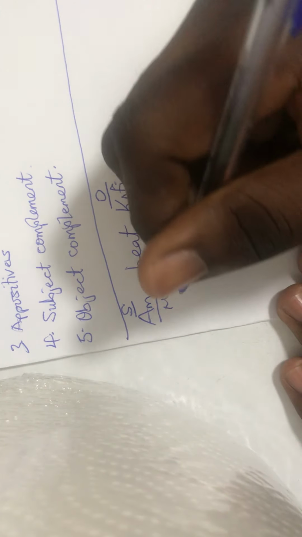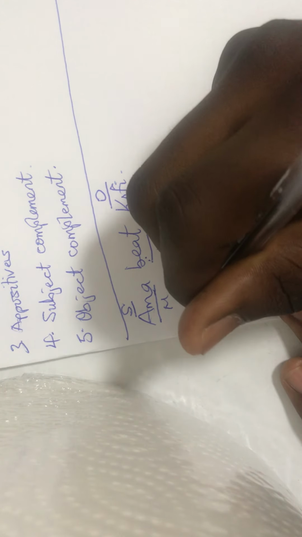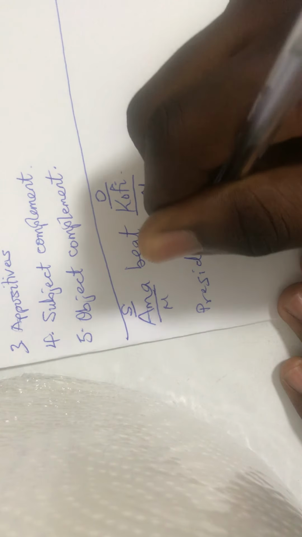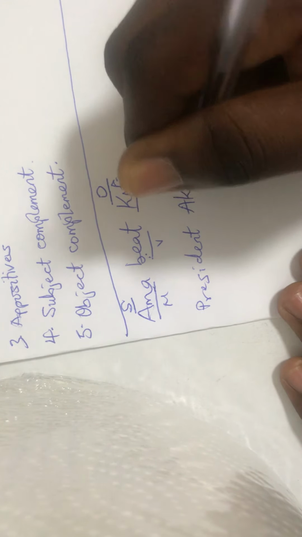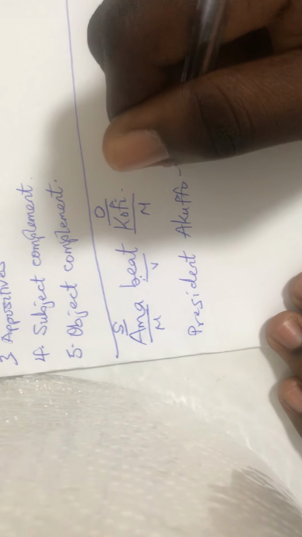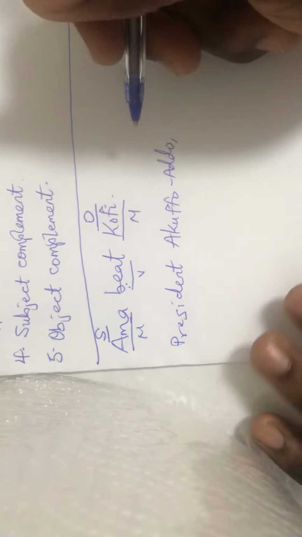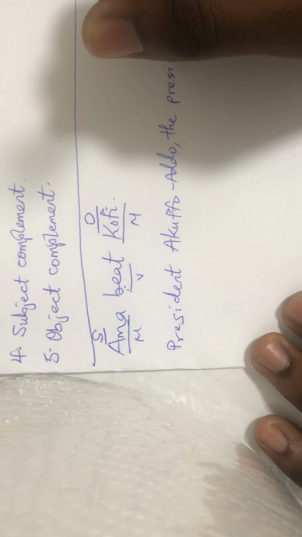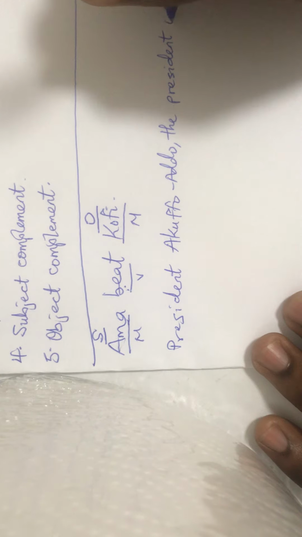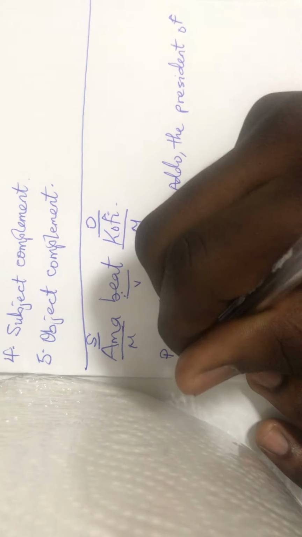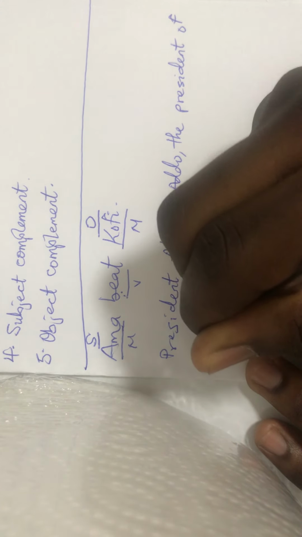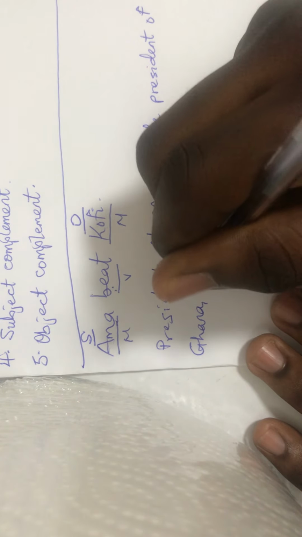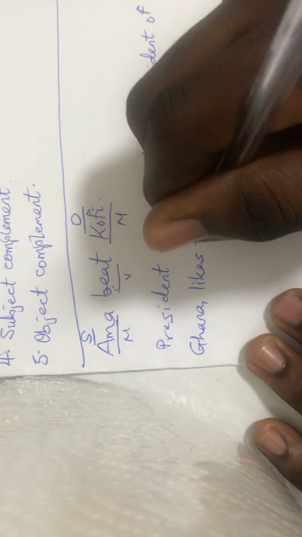This is how an appositive is. We can say President Akufo-Addo, then you bring your comma, then the president of Ghana, then another comma, then likes fufu.